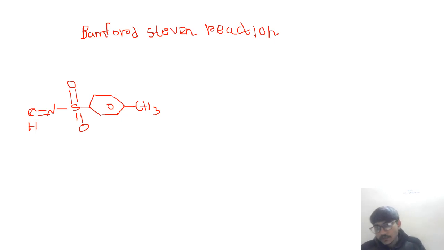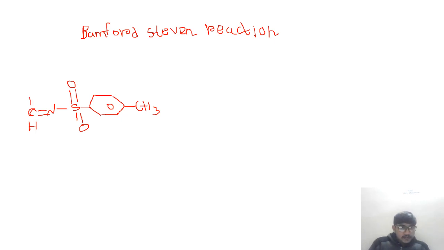If you know, in case of amine identification, the Hinsberg reagent is used, which is benzene sulfonyl chloride. And nowadays, in place of the Hinsberg reagent, a somewhat modified version, para-toluene sulfonyl chloride, is used. Okay, so it's very similar to that if you observe it.